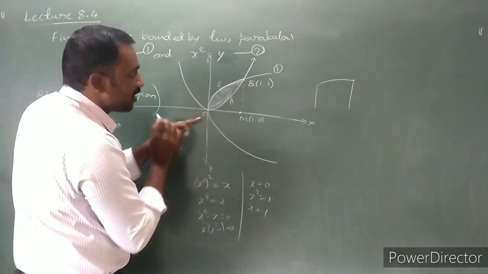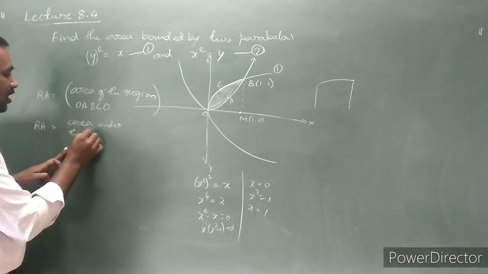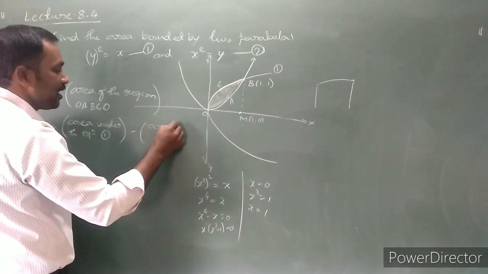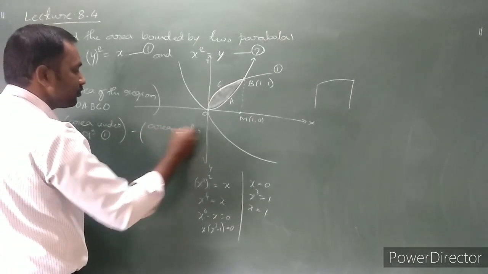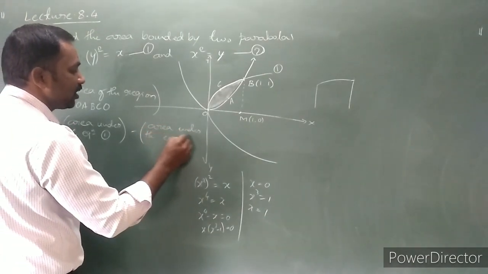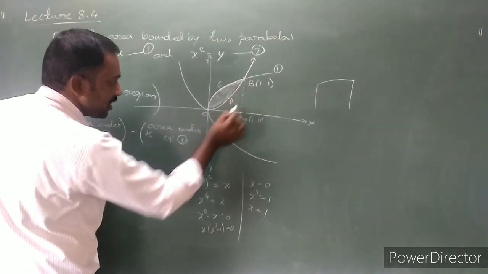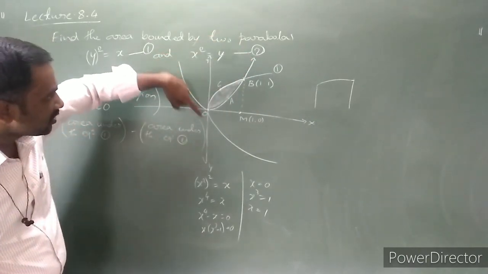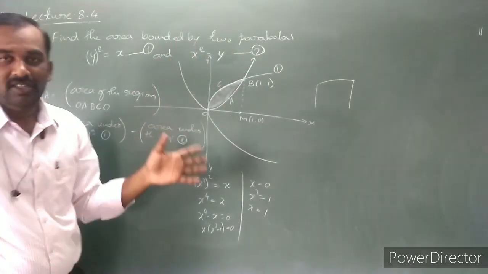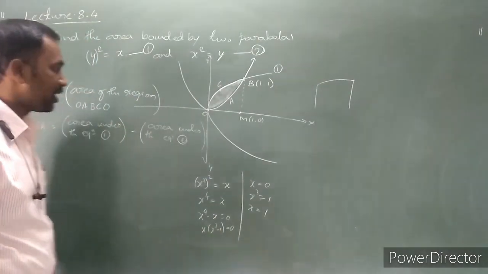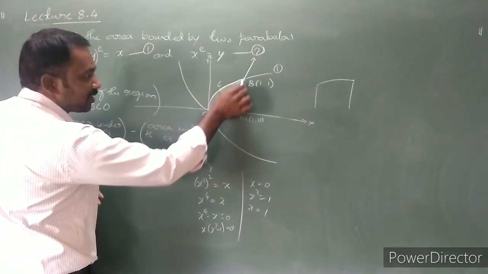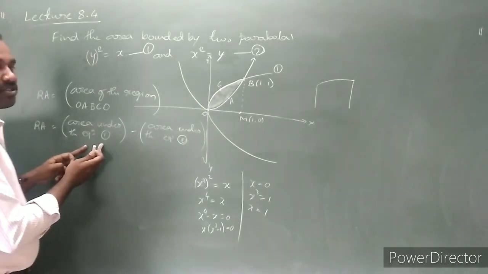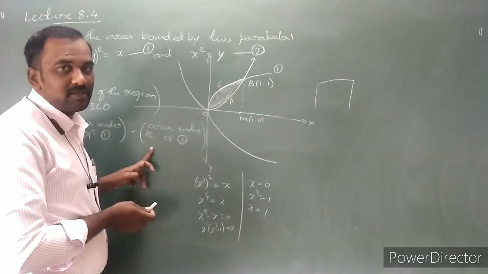The area under equation number 1 minus the area under equation number 2 will give the required area. Obviously, we get the required area: the largest area minus the smallest area.